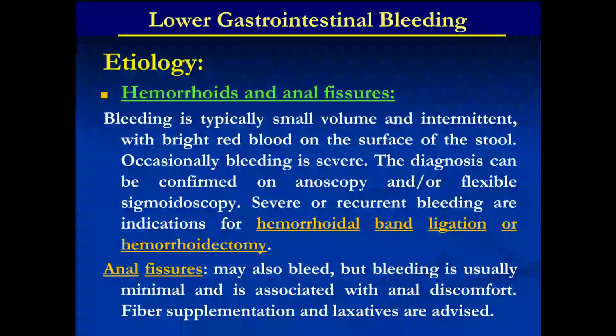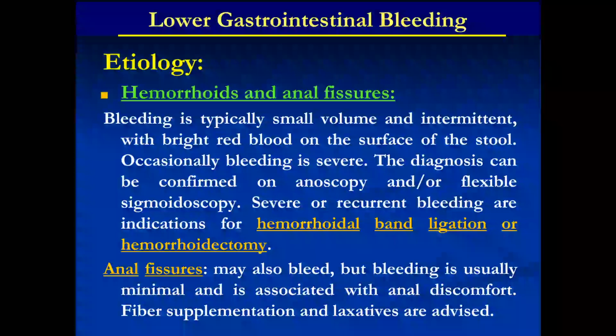Hemorrhoids and anal fissure. Bleeding is typically small volume, intermittent, and bright red on the surface of the stool. Occasionally bleeding is severe. The diagnosis can be confirmed by endoscopy and/or flexible sigmoidoscopy.